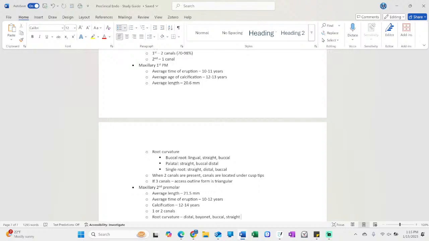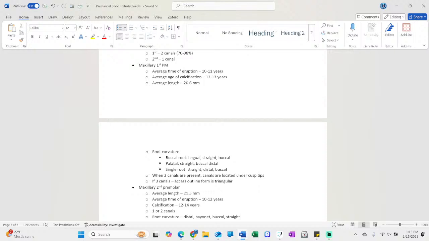So looking at the mandibular premolars, again, they erupt at a similar time as the maxillary teeth and are about the same length. And most often they're either going to be straight or curved to the distal. Knowing where they curve is important, so you know how to pre-bend your file when you're going into the tooth, so that it's not going to be straight down.